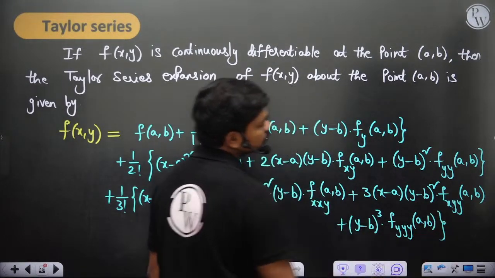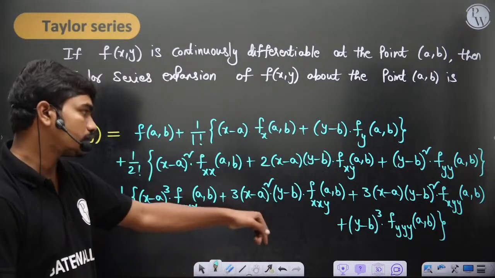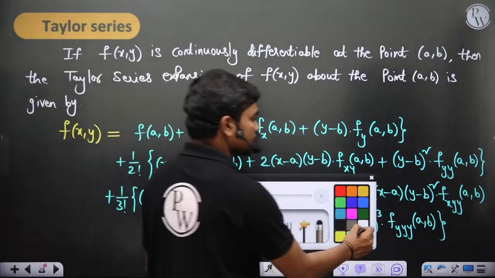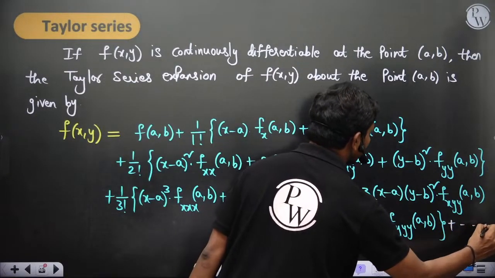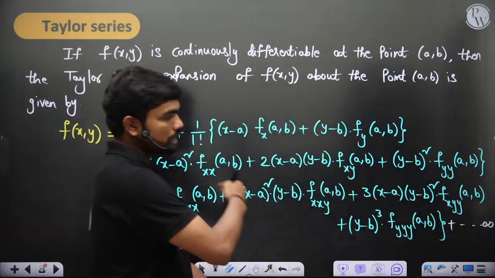So this is the 3 factorial term. Similarly you can go with the 4th factorial term, but generally I'm terminating the series here, plus and so on.